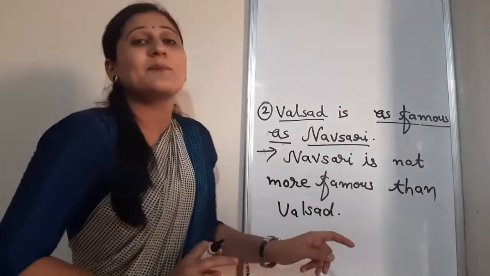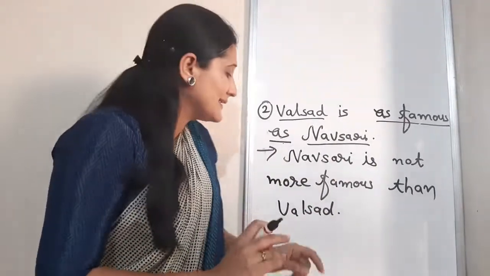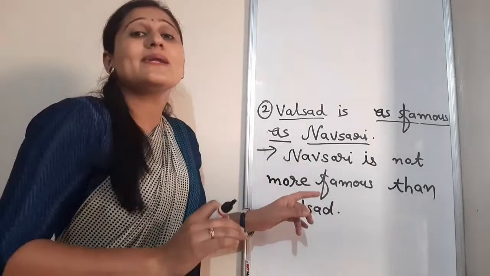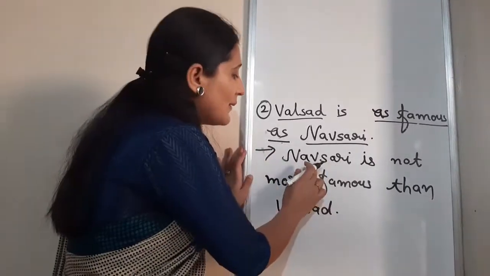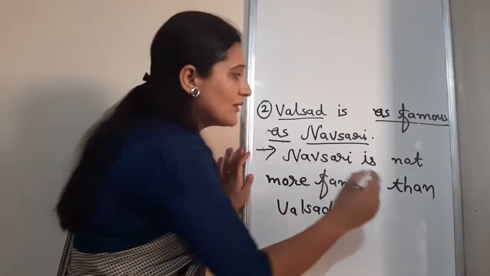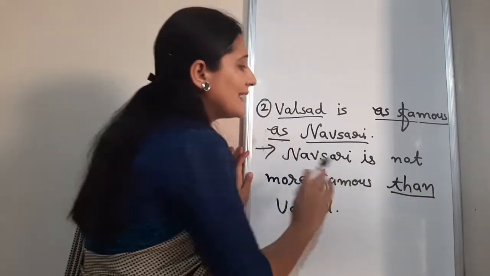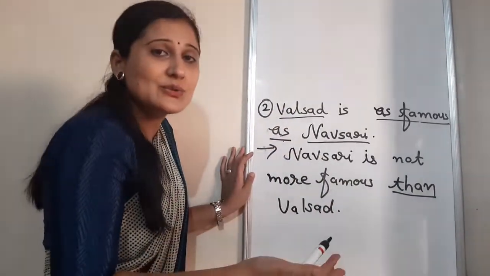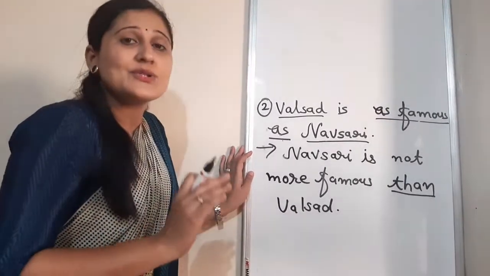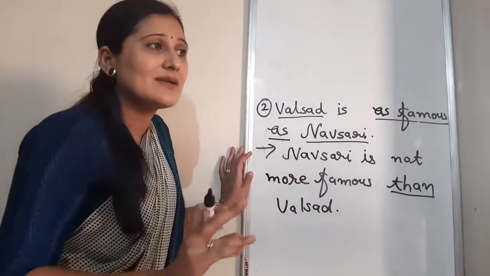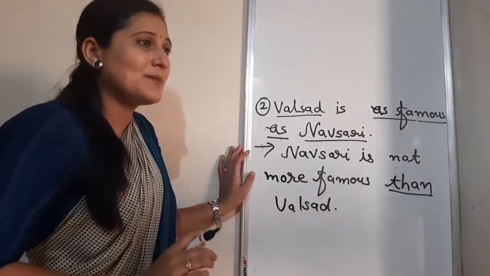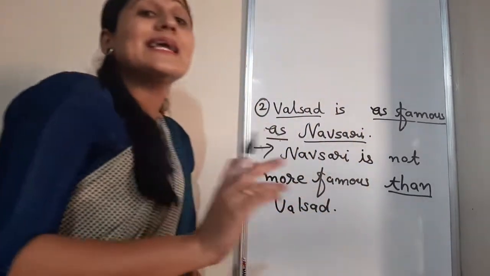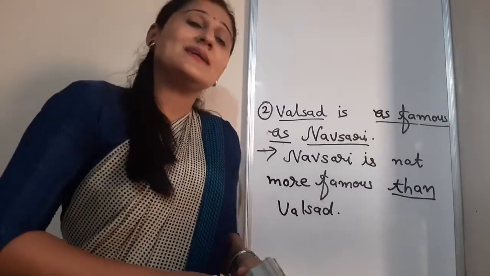After this I am going to give you one example of comparison between more than two. If comparison is between more than two, then what to add? Then many other.